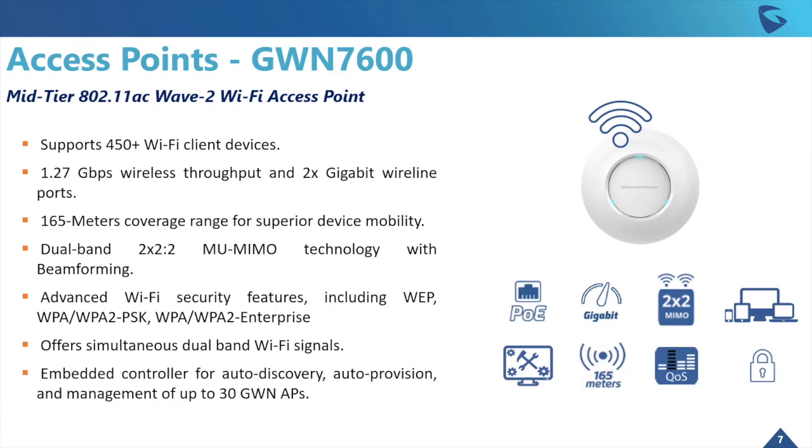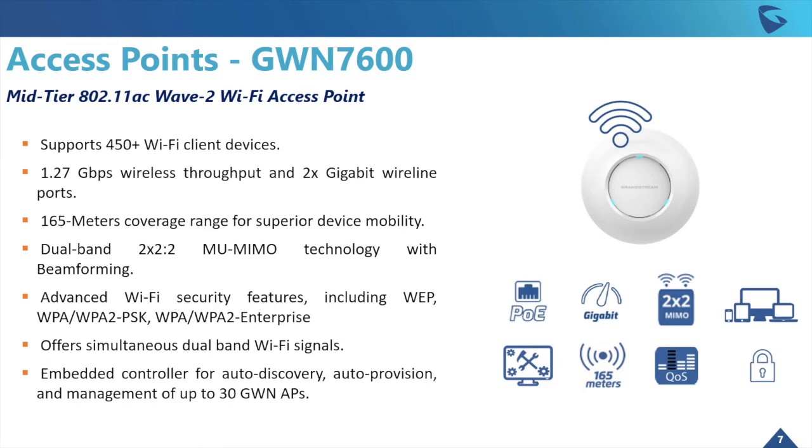The other technology supported by GWN 7600 is beamforming. Usually when the access point broadcasts a signal, it transmits in an omnidirectional fashion. With beamforming, the access point determines the location of the client and focuses the signal in the direction of that specific client.